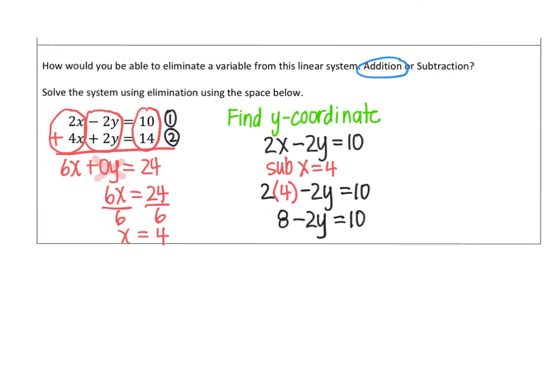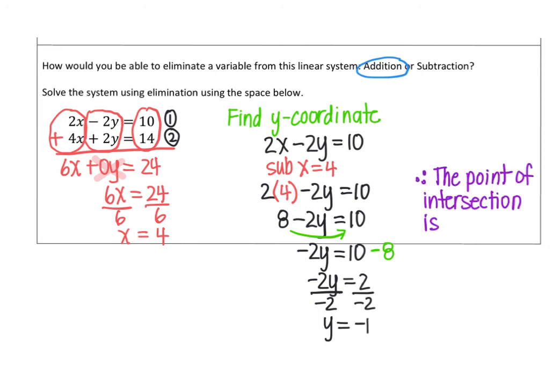We'll move that 8 to the other side of the equal sign, remembering to switch its sign as it crosses over, and this will leave us with negative 2y equals 10, take away 8. So negative 2y equals 2, and we'll divide both sides by the negative 2, because that's what's in front of the y, and this will leave us with y equals negative 1. So our point of intersection for these two lines will be 4, negative 1.